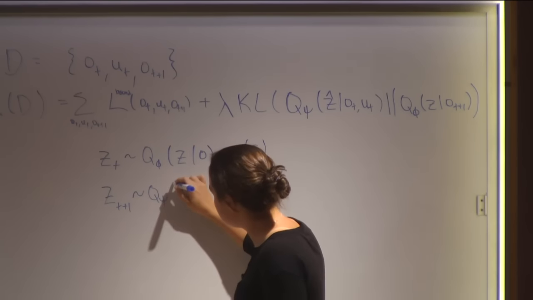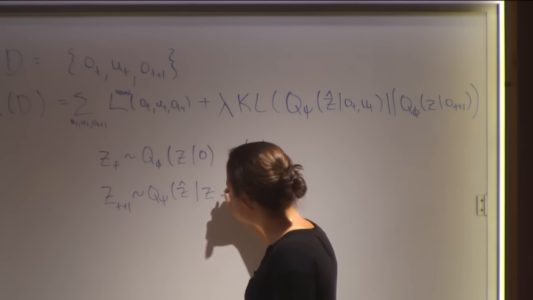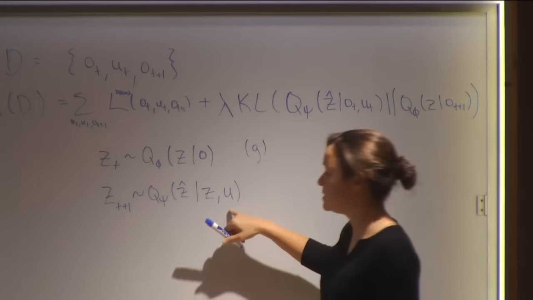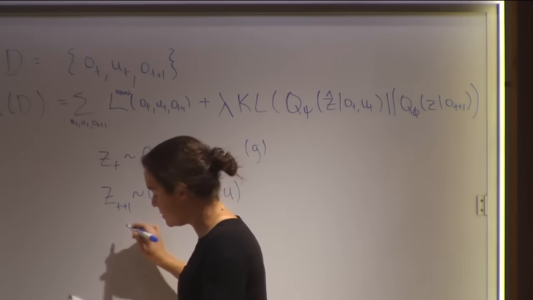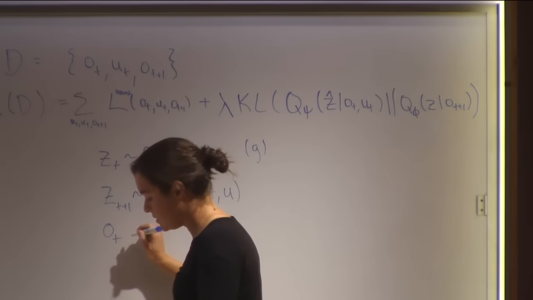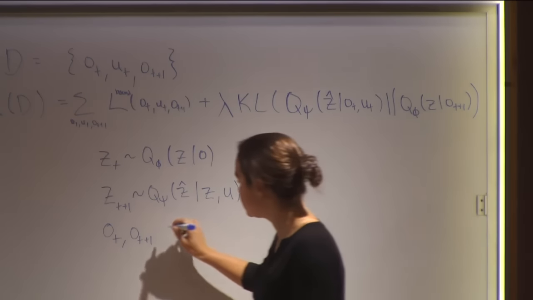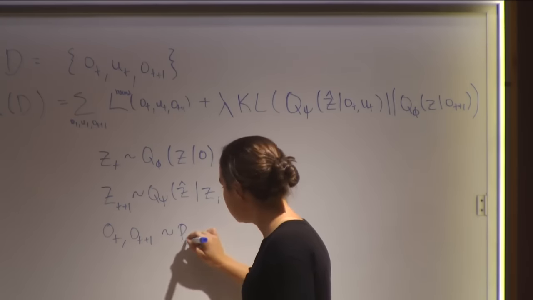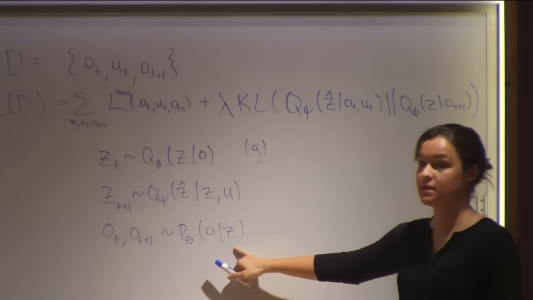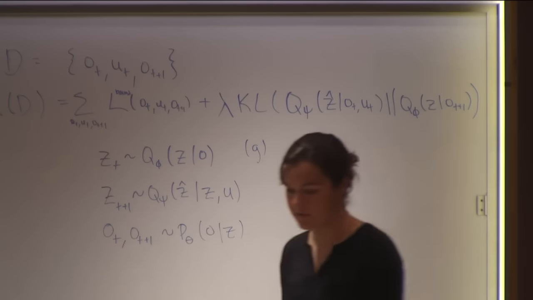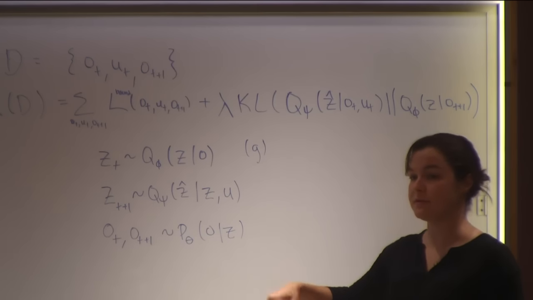So this is q phi of z hat given z and u. This is the model in the latent space. The last thing is what you could call the decoder. So this is the observations, which are another network P of O given Z. This is what maps from your latent state back to your observation. In the autoencoder way of looking at things, this is the reconstruction network that mapped from your latent state back to your observation.